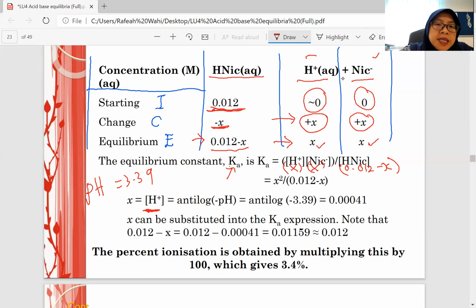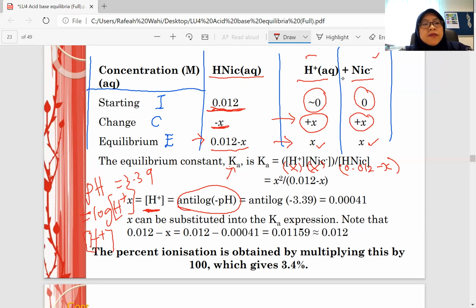Because pH equals negative log H plus ion, in order to find the concentration of H plus ion, you need to do the anti-log of negative pH. Rearranging the equation pH equals negative log H plus ion, you get the concentration of H plus ion equal to anti-log negative pH.